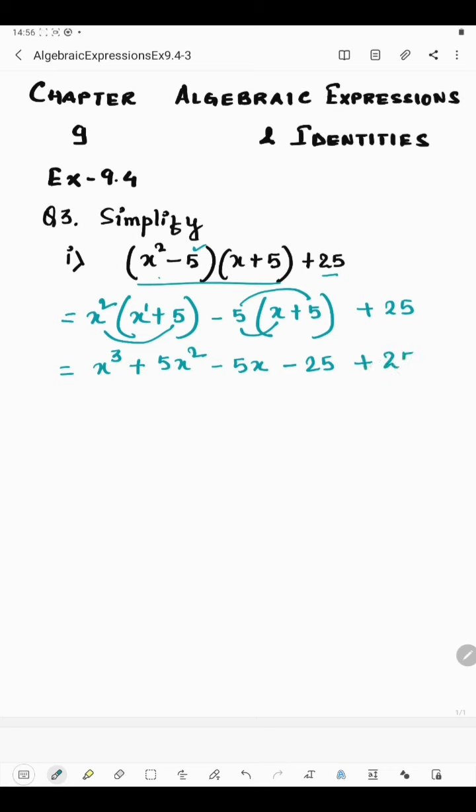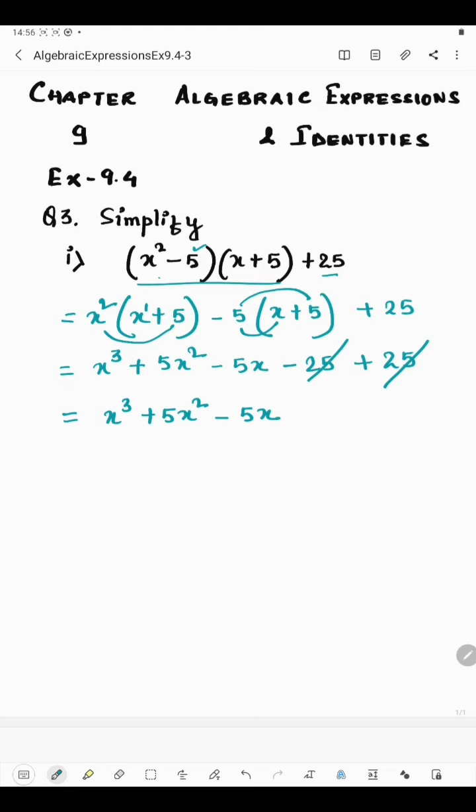Now we can see that this minus 25 and plus 25 are the same number with opposite sign, so 25 minus 25 is 0 and this will be cancelled. So the answer will be x cube plus 5x square minus 5x.